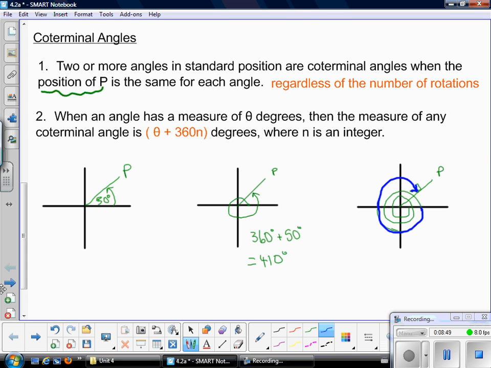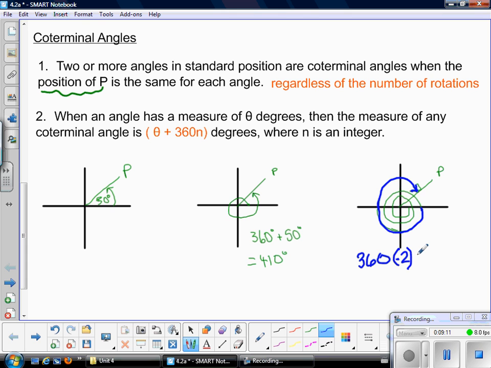Okay, so this is a coterminal angle too because I stopped P in the same place. So we've gone 360, another 360. So we have 360, and we've gone around the circle 2 times, and remember going in the opposite direction, so it's going to be negative.